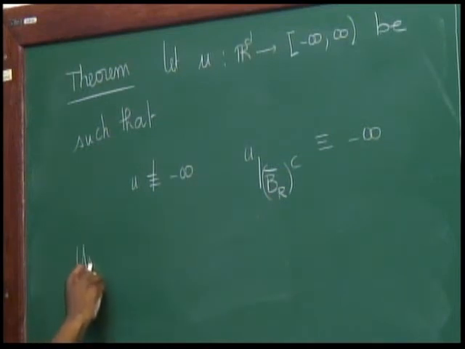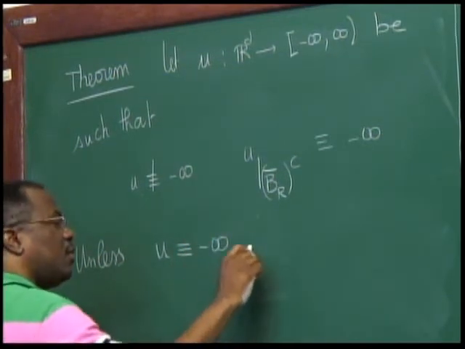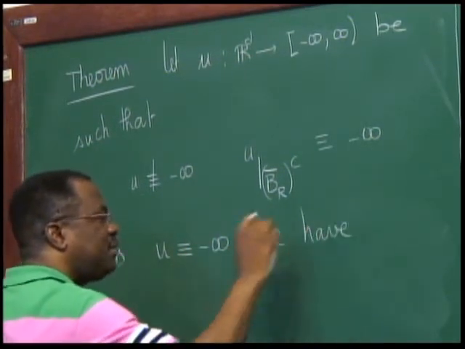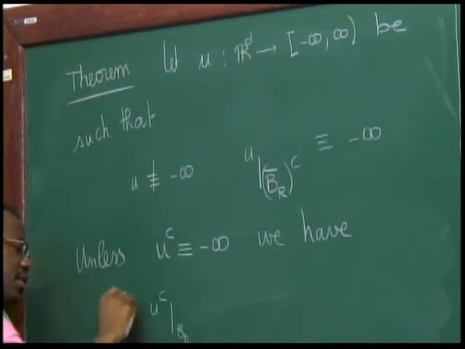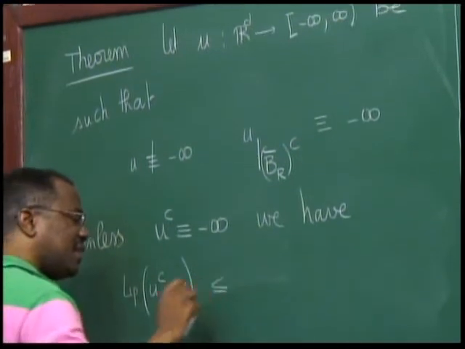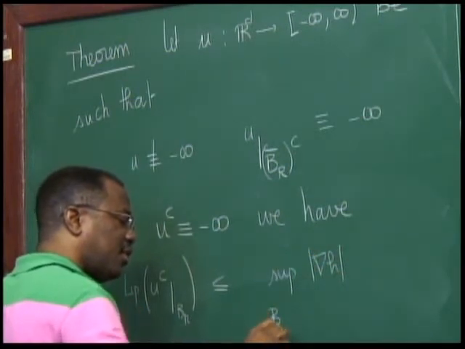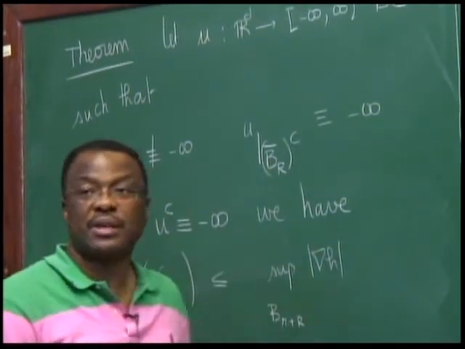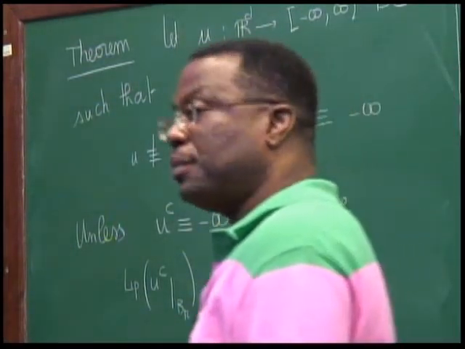So unless u is identically negative infinity, we have that the Lipschitz constant of u^C, if I restrict that to any ball of radius r, is less than the supremum of the gradient of h on the ball of radius little r plus capital R. And so we see here that I need h to be at least Lipschitz.